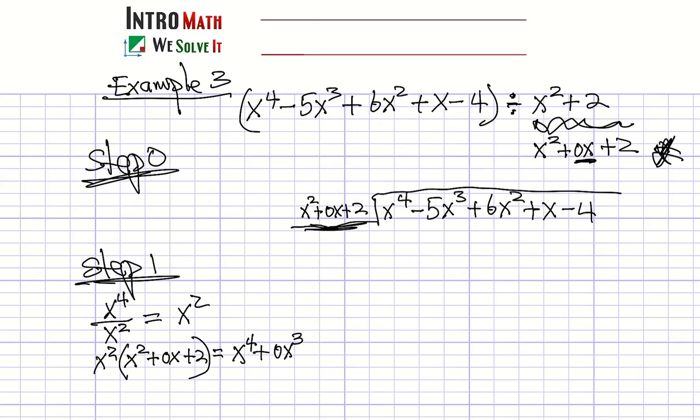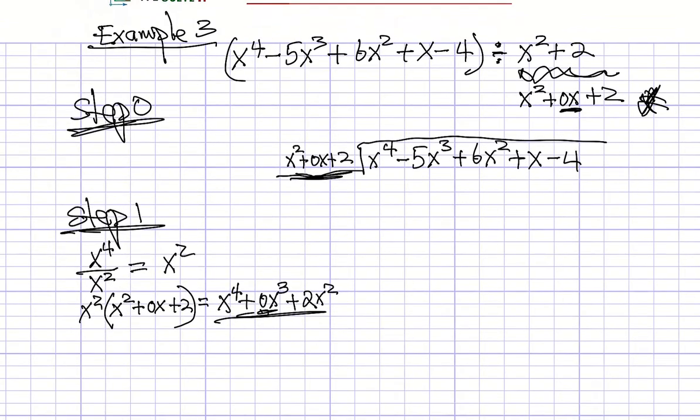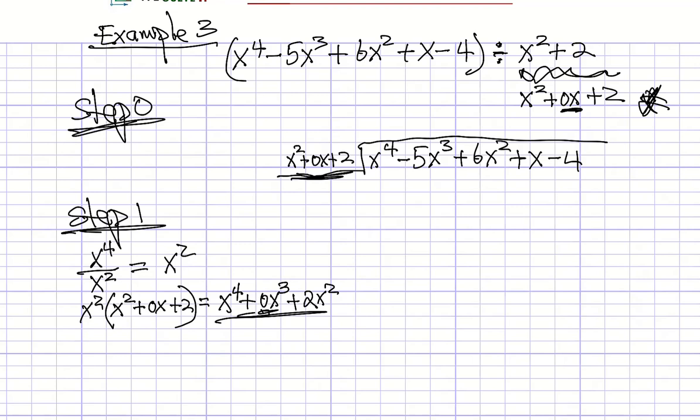You see that, right? It changes nothing. Plus 2x raised to the power 2. And once you get that, you write it over here: x raised to the power 4 plus 0x raised to the power 3 plus 2x raised to the power 2.